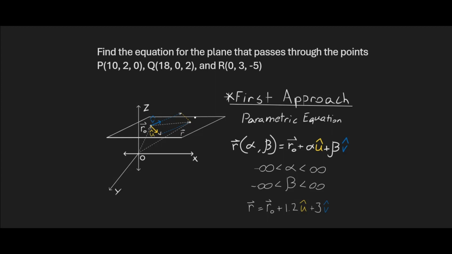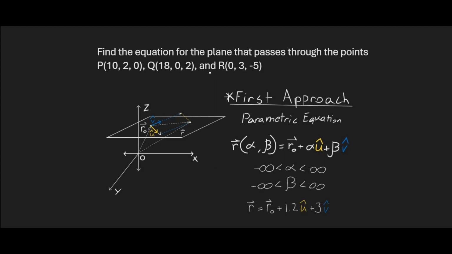To get any point on the plane, we add our starting point plus a combination of these vectors. So for example, in this case, to get from r0 to r, I'll walk 3 steps in the direction of v and 1.2 steps in the direction of u to get to r.